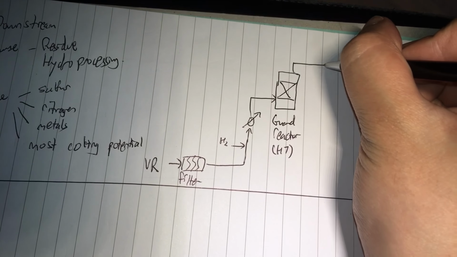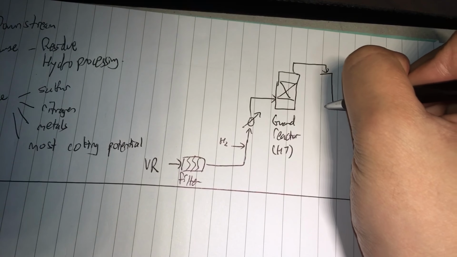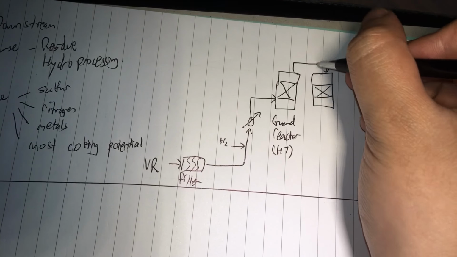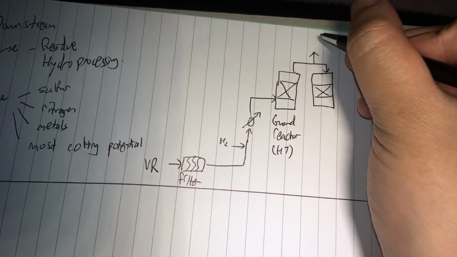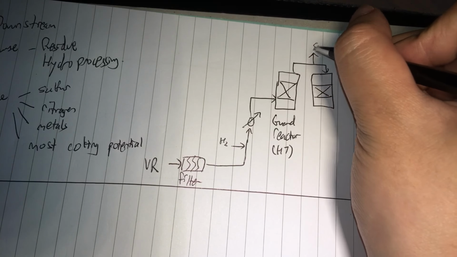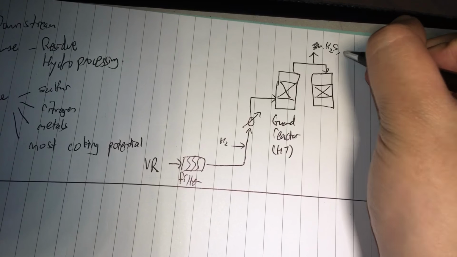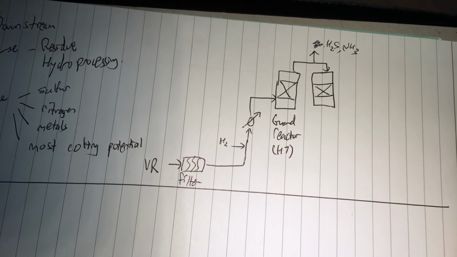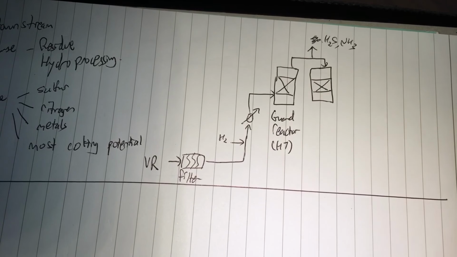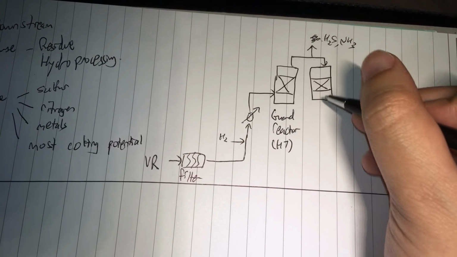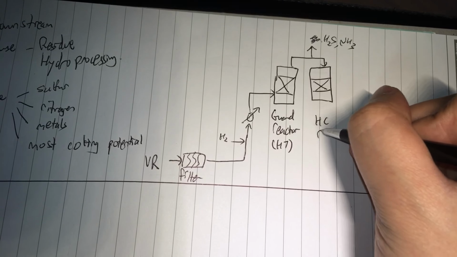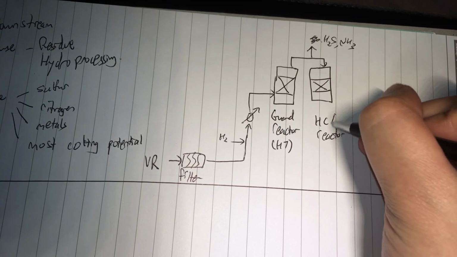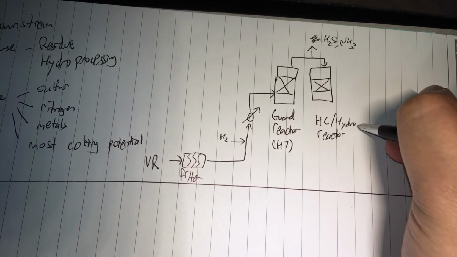So it comes out and it goes into the second reactor. Of course, in between the stages, you can actually just separate out the sulfur, the H2S, the NH3. You can separate it out halfway, or you can choose to put it into the second reactor. It's a hydrocracking reactor, or hydroprocessing in this case.